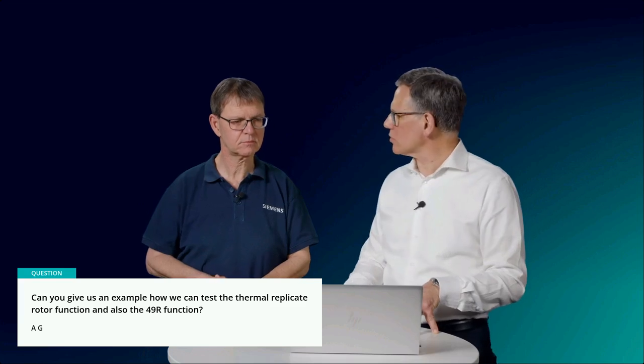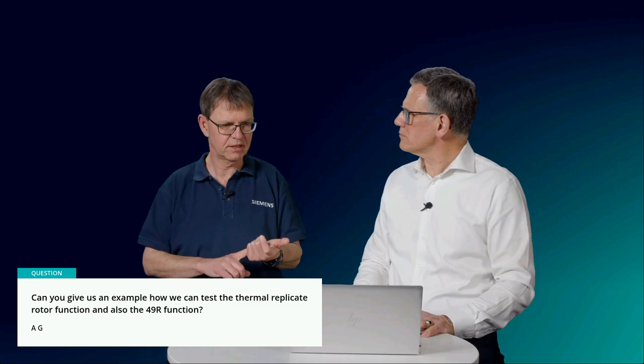Okay, we have one more question we'd like to cover right now from AG. And the question says, can you give us an example of how we can test the thermal replica rotor function and also the ANSI 49R function? Okay, so they are both related, as you know. The 49R function is basically just giving a warning or the pickup and the tripping if the thermal model reaches the 100%.